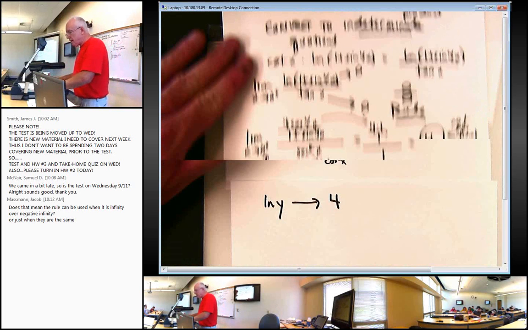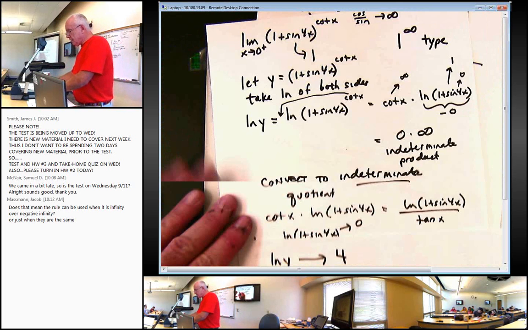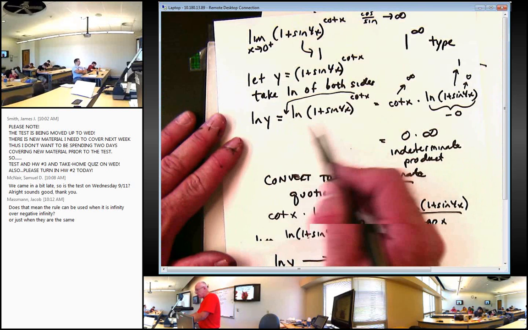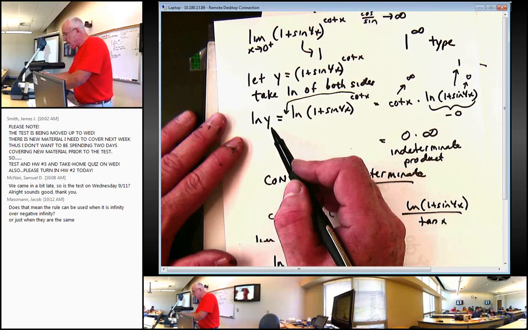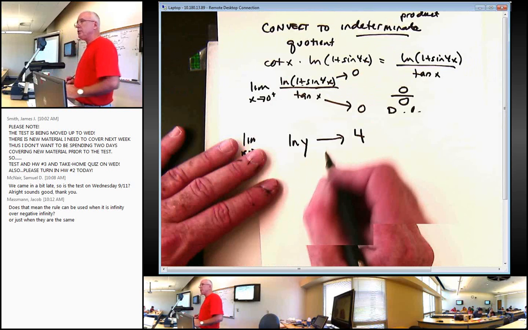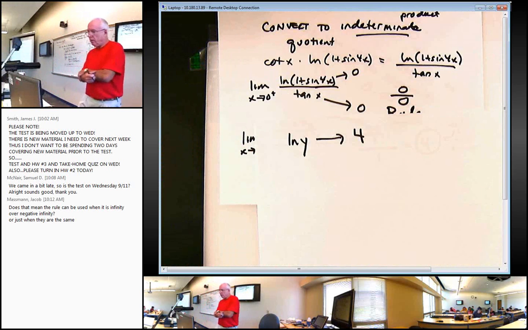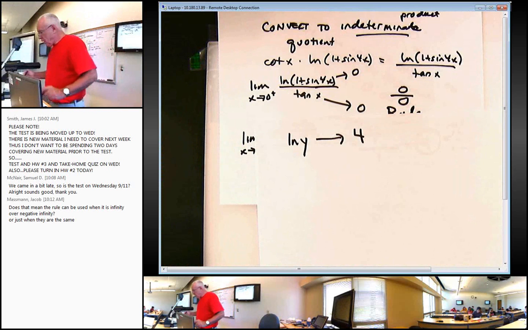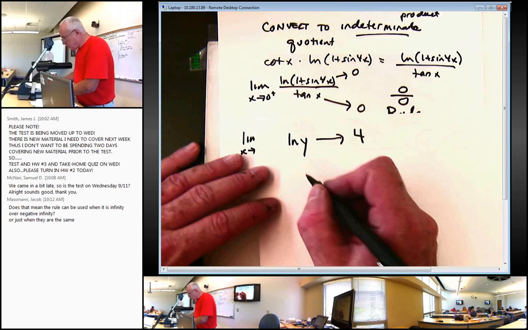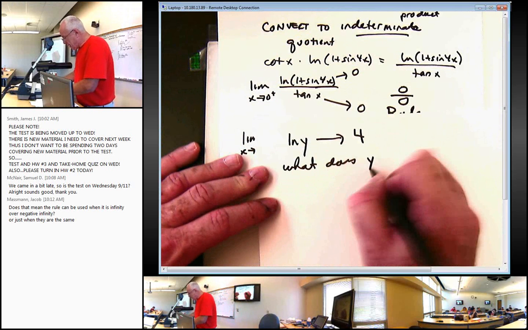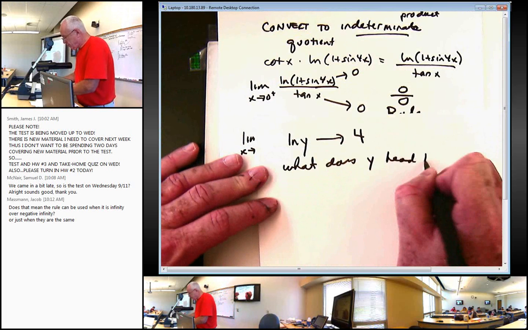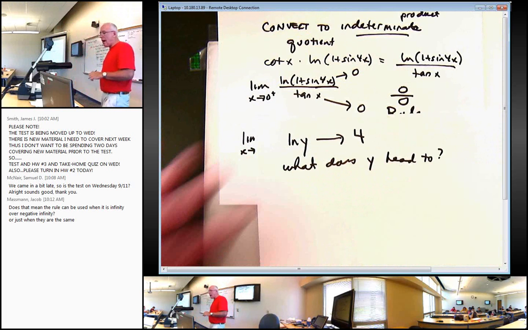Because way back up here, we had taken the expression that we worked with is equal to the ln of y. So the ln of y approaches the number 4. All right, but we want to find out, what does y head to? Because y is our expression.